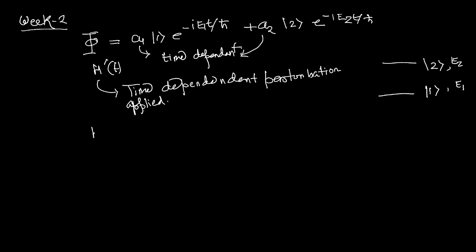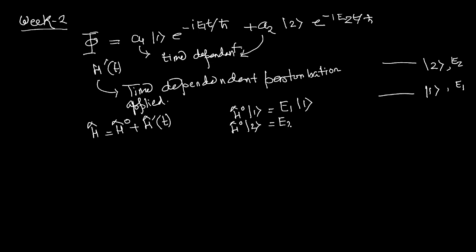So the total Hamiltonian becomes the previous Hamiltonian without perturbation plus the perturbation term. Without perturbation, this is the energy of the two states.